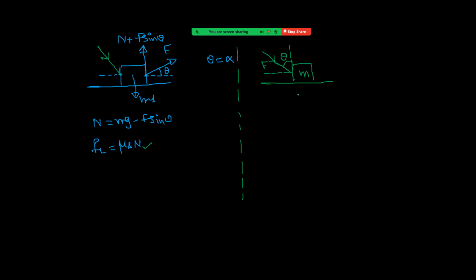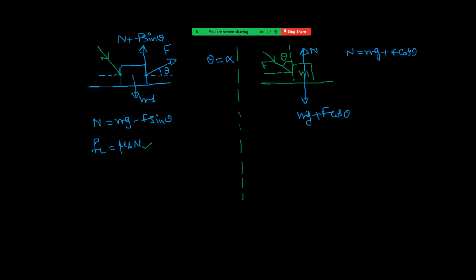See the condition to move the block. F cos theta is vertically downwards, right? So first focus on the free body diagram. Mg downwards, F cos theta also downwards, normal reaction upwards. Since there is no motion along vertical, normal reaction must balance mg plus F cos theta.